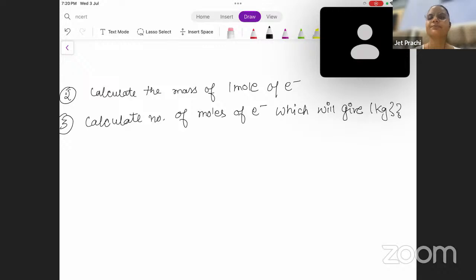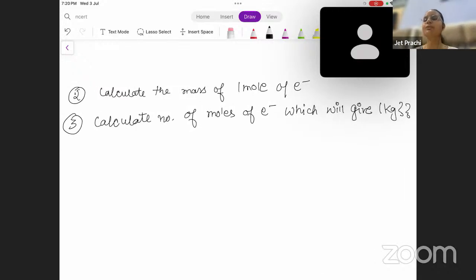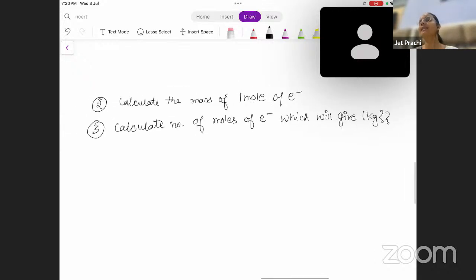So you have to calculate the number of moles of electrons that will be equal to 1 kg. Gives is also fine, equals to 1 kg is also fine. So I hope you have understood this problem.